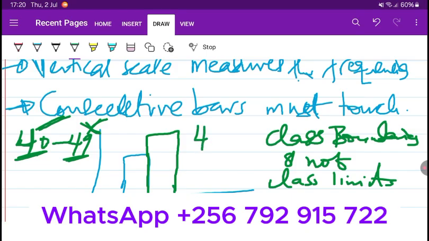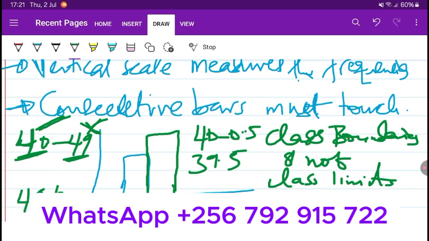So 40 minus 0.5 gives 39.5, then 49 plus 0.5 gives 49.5. So we are going to be using these class boundaries. This is the lower class boundary, this is the upper class boundary.